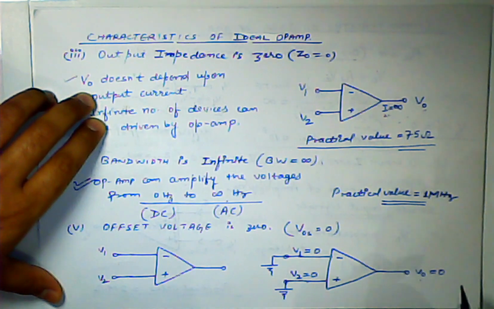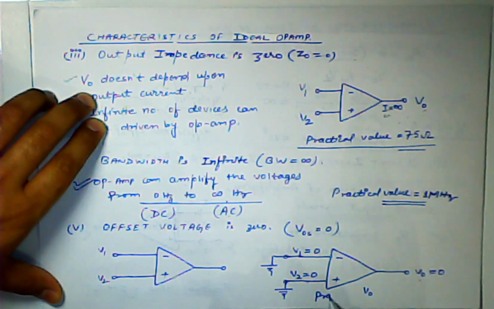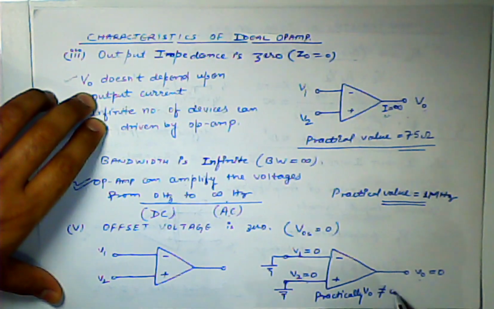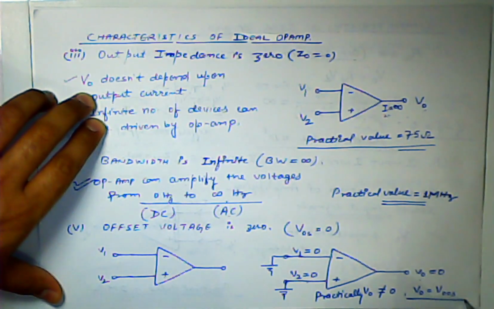But practically this value is not 0. Practically V0 is not equal to 0, so whatever value we get at the output is the output offset voltage. We denote it with VOOS, that is output offset.